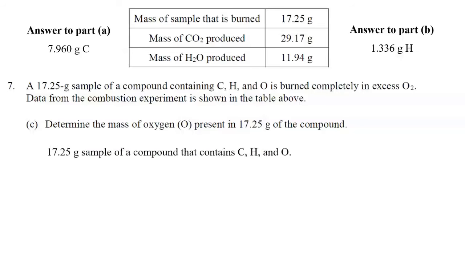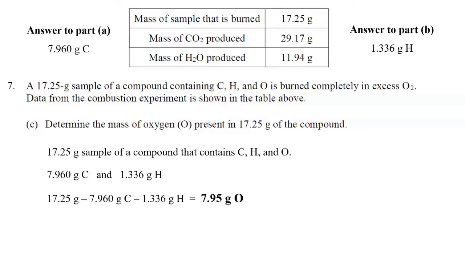We subtract the grams of carbon and the grams of hydrogen, then the rest of the mass is coming from oxygen. So 17.25 minus 7.960 grams of carbon minus 1.336 grams of hydrogen gives us a value of 7.95 grams of oxygen.